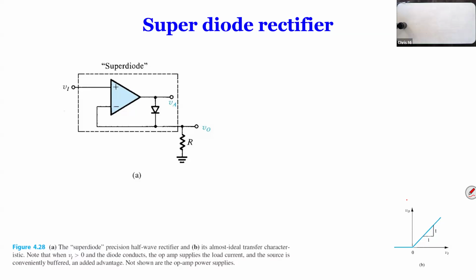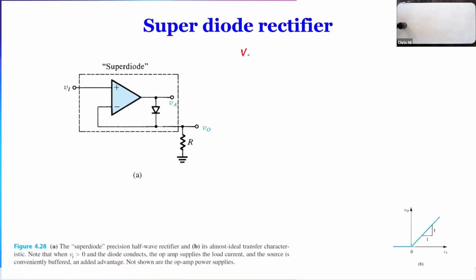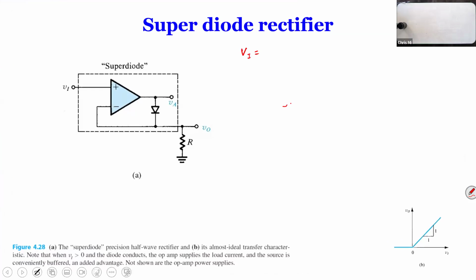Suppose Vi is positive, and we can find out what the voltage is at the output. Based on the op-amp theory, which you guys remember, and that's something we're going to test next week, the voltage at the two input terminals is supposed to be the same.